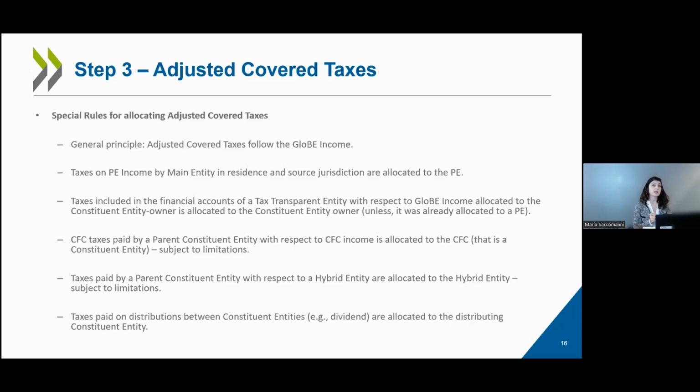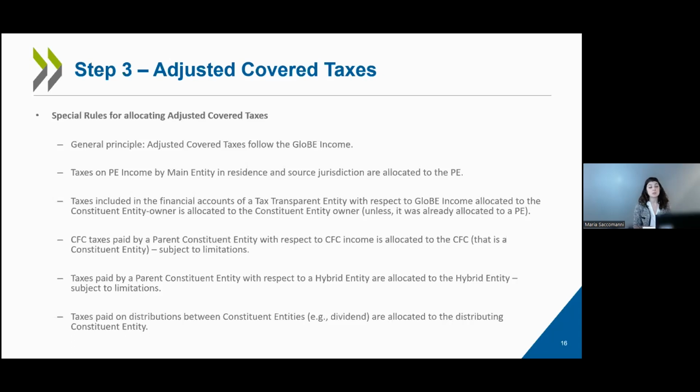The rule basically follows the same principle we have seen for the allocation of income for permanent establishment, for flow-through entity, for a hybrid entity, and for CFC. These are the situations where taxes are paid on a cross-border basis.